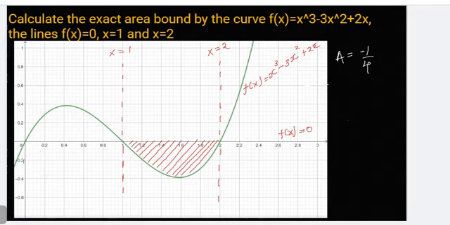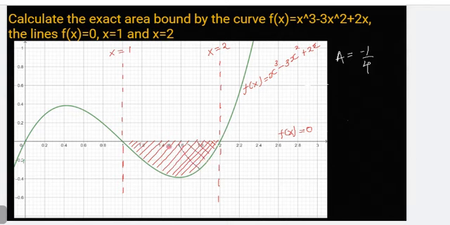Okay, so our area is negative 1 over 4. The question is, what does the negative sign signify? And the answer to that is that it signifies that the area is below the x-axis. As you can see, the area of interest is below the x-axis over here.